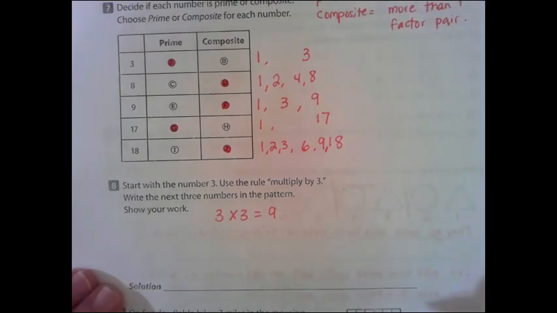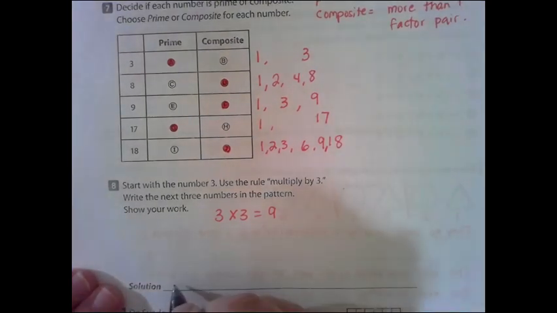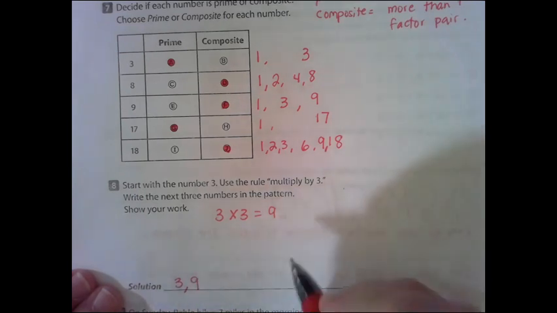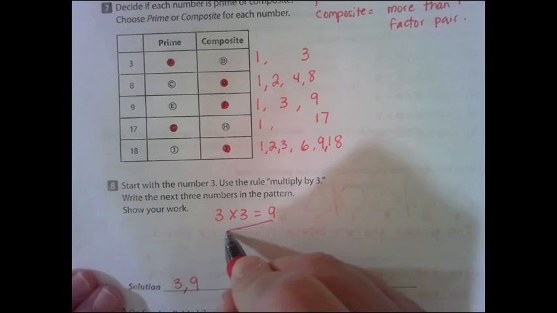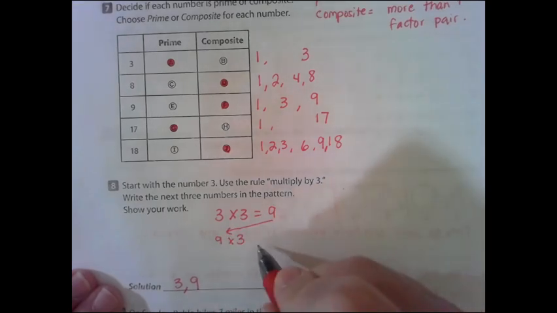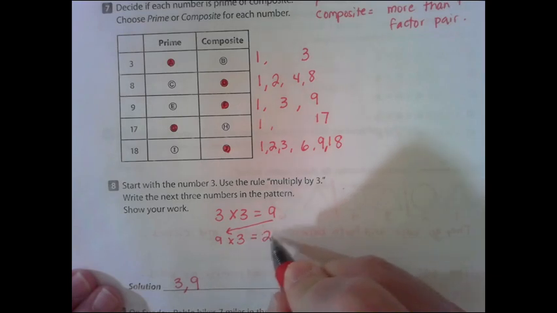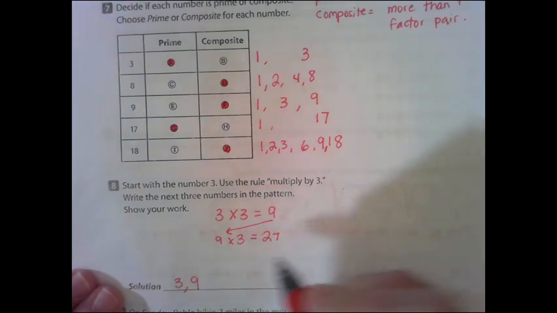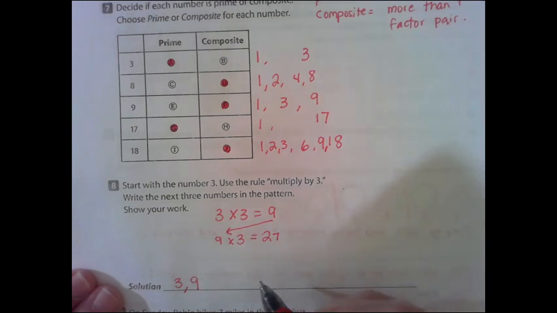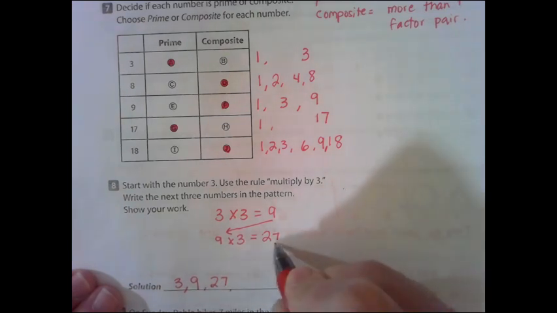So the first number in our pattern is 3. Our second number is 9. Then we're going to take this 9, put it over here. 9 times 3 is 27. Okay, and so 27 is the next one in our pattern.